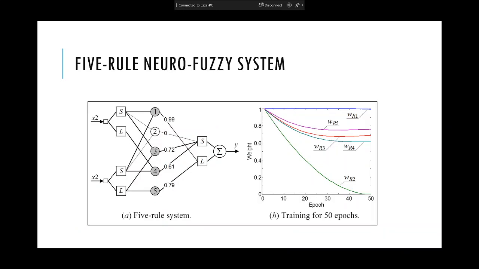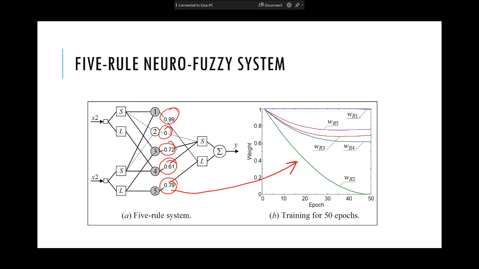So this is an example of a 5-rule neuro-fuzzy system. Here, in layer 3, what we call the output rule layer, we have its values.